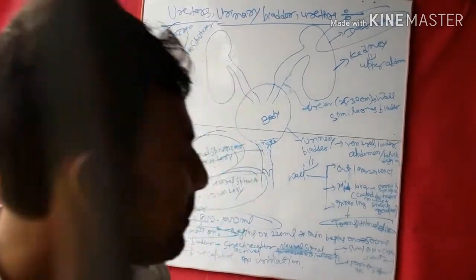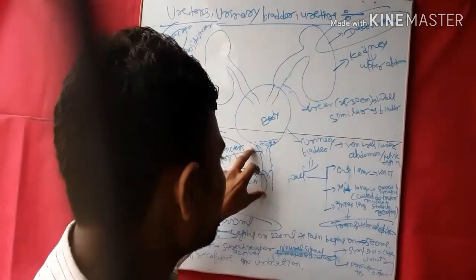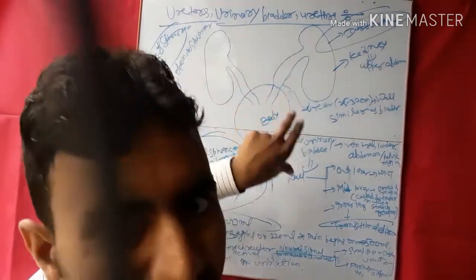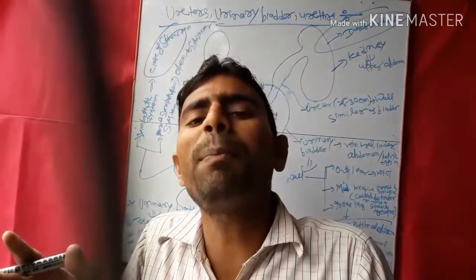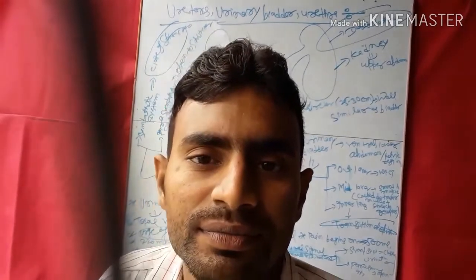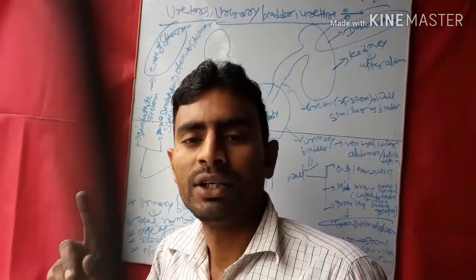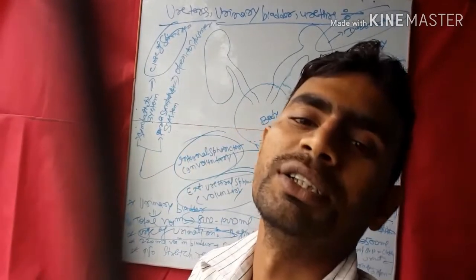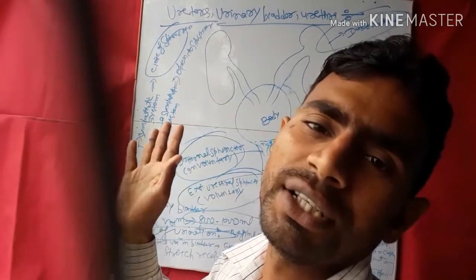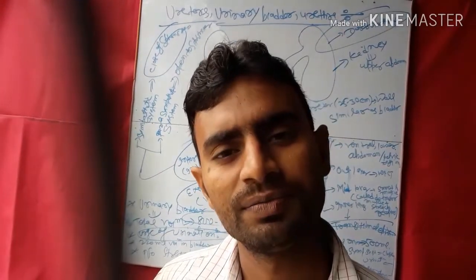After that, we will learn about the urethra, where the urinary bladder opens. In the urethra two sphincters are present. One is on the inner side and the other is on the outer side.